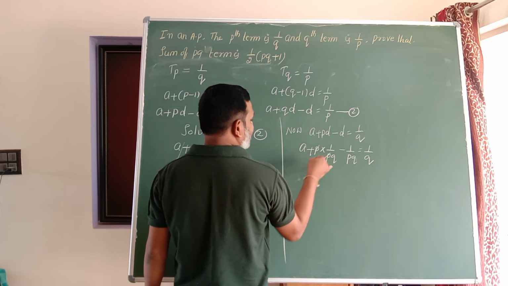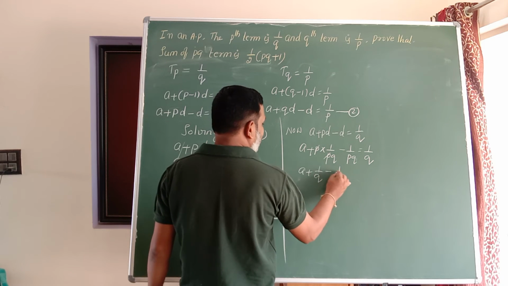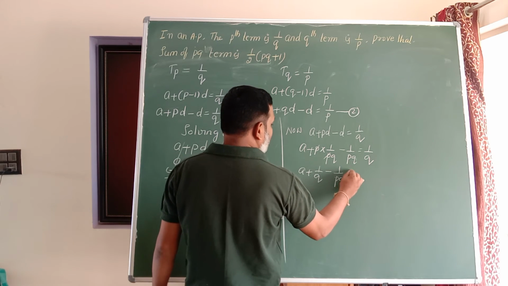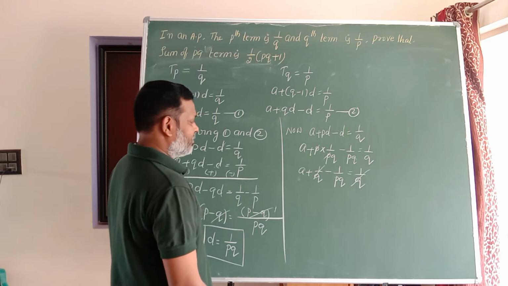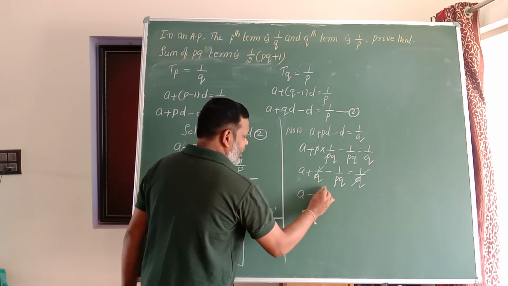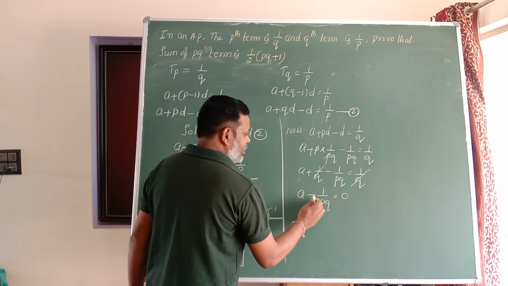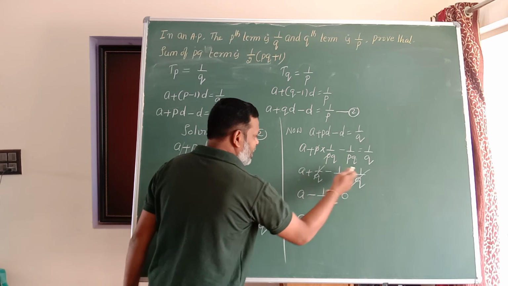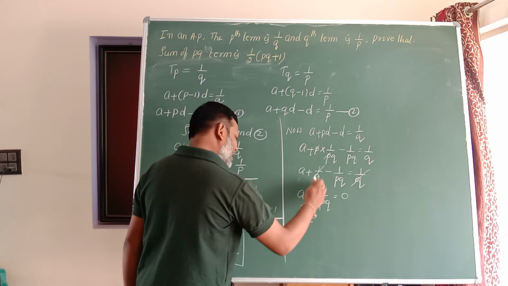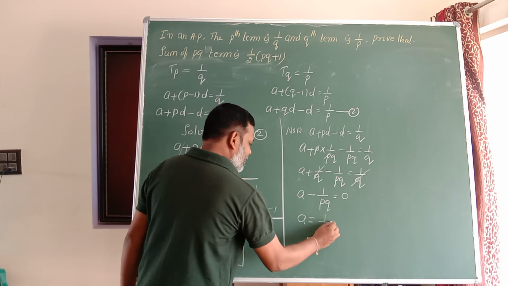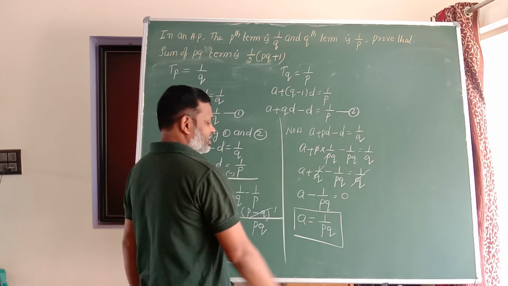Look here, the p's get cancelled. a plus 1 by q minus 1 by pq is equal to 1 by q. This 1 by q gets cancelled. Then a minus 1 by pq is equal to 0. So a is equal to, taking minus 1 by pq to the RHS, that becomes plus 1 by pq. This is a and d.